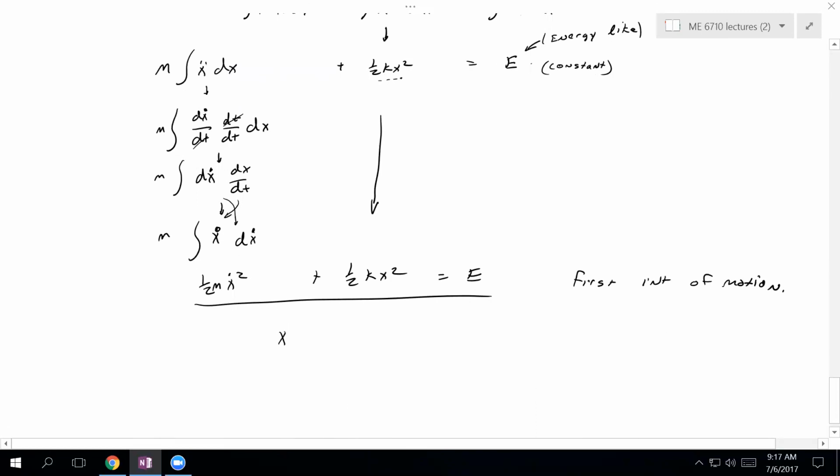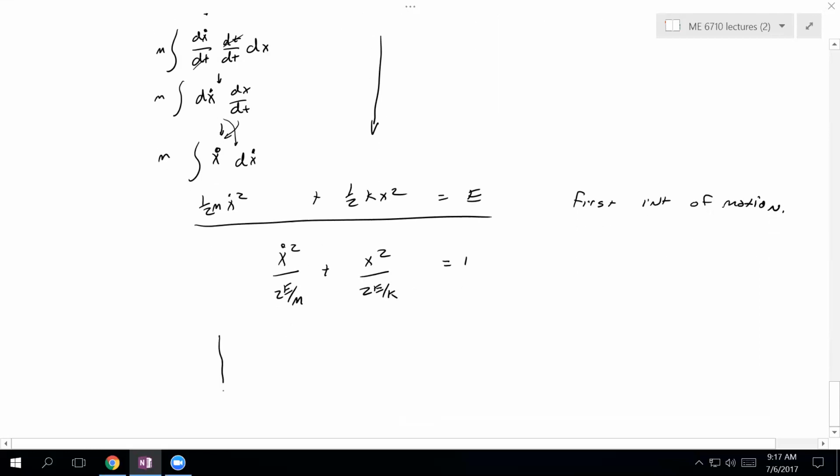So I get x dot squared. Let's see, I have to divide that by something. I'm going to divide everything by E. So this thing is going to be 2E over m, and this is going to be x squared over 2E over k, and that equals 1.